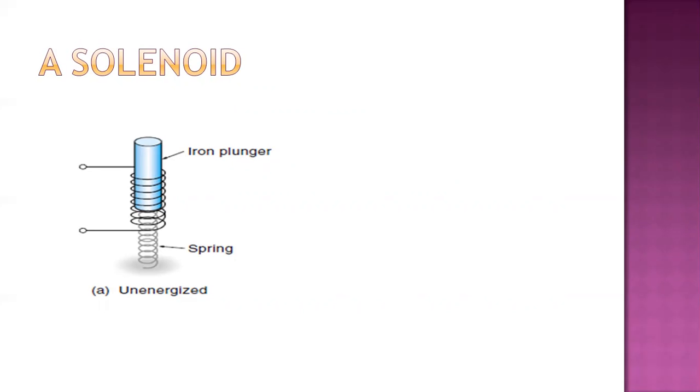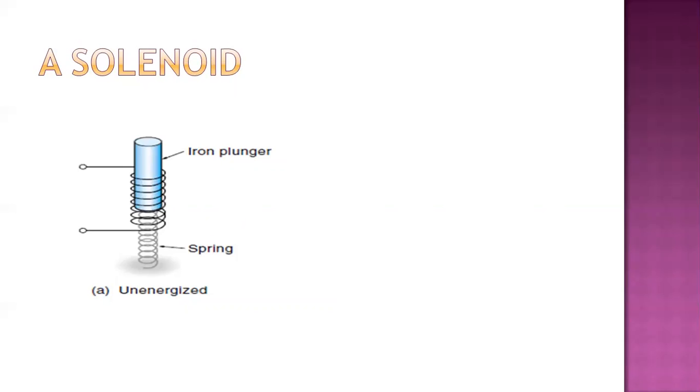Some solenoids are rated only for intermittent duty because of thermal constraints, so we consider the maximum duty cycle, specified as percentage on time to total time. Solenoids are used, as I told you, when a large sudden force must be applied to perform some job.